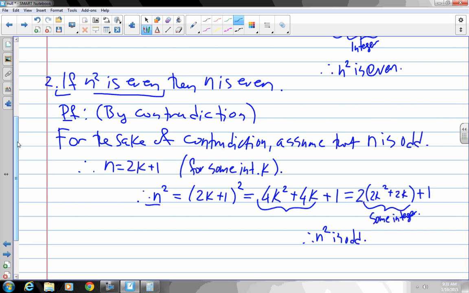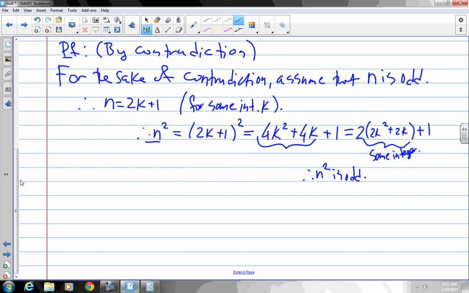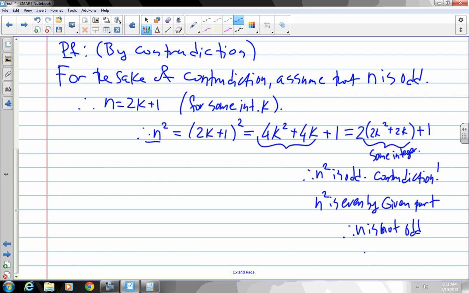That's a contradiction. n squared is even by the given part. Therefore, n is not odd. Therefore, n is even. QED.